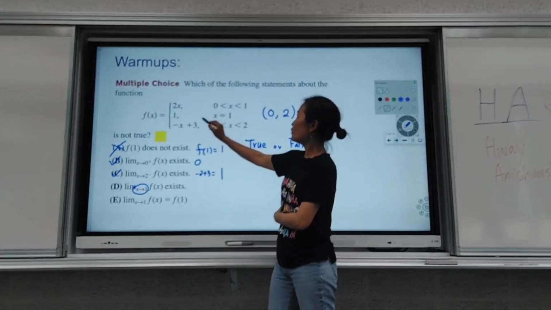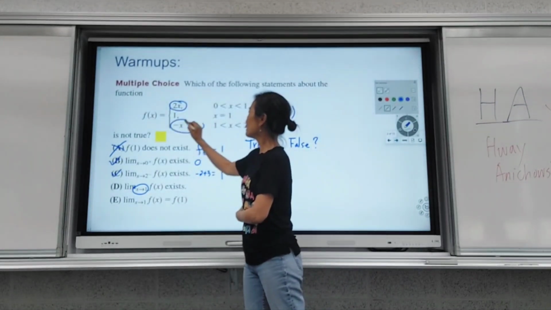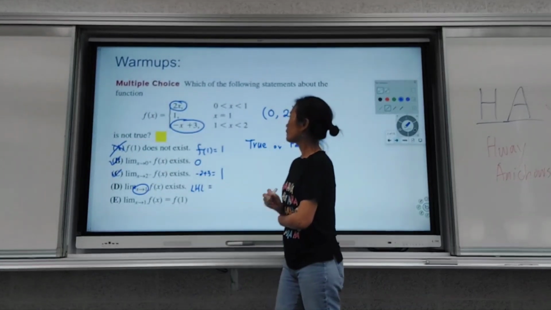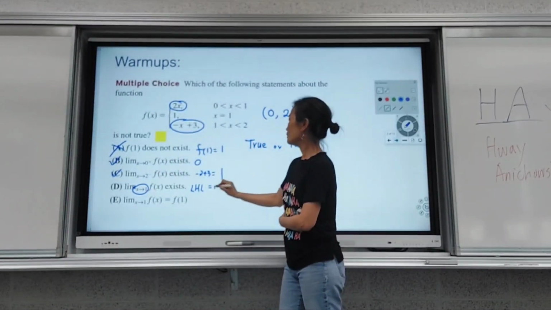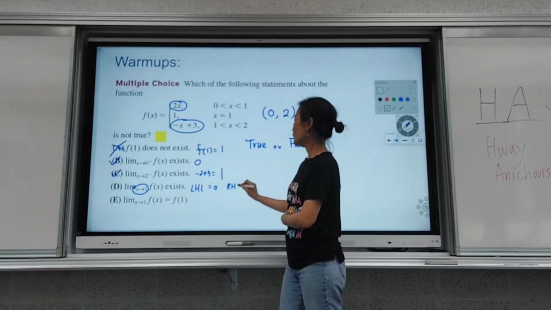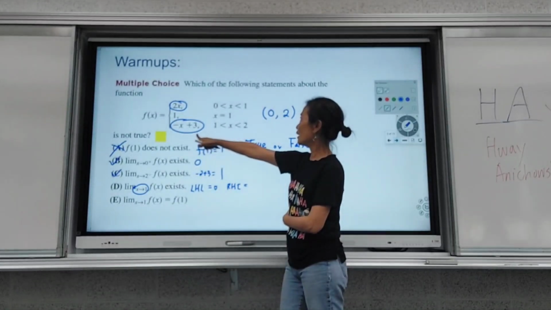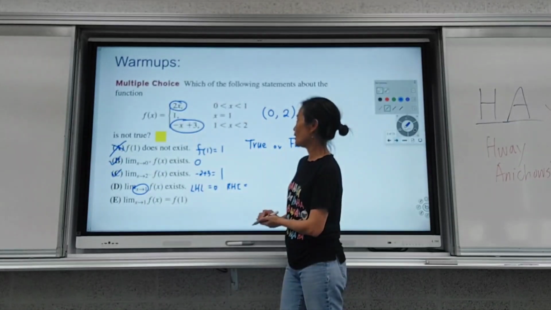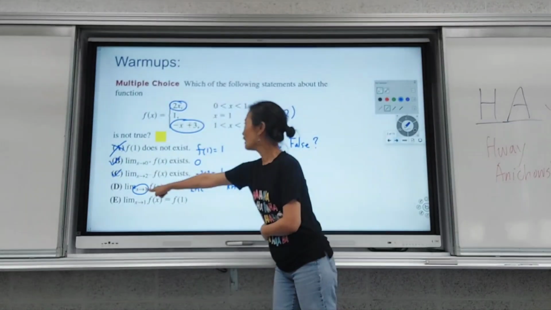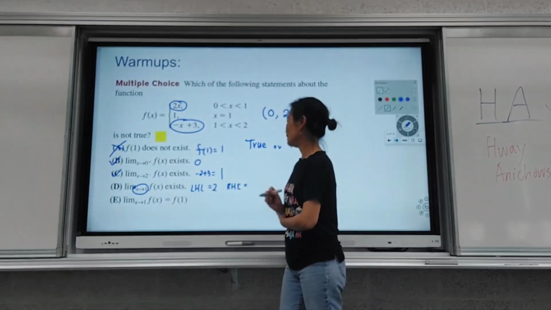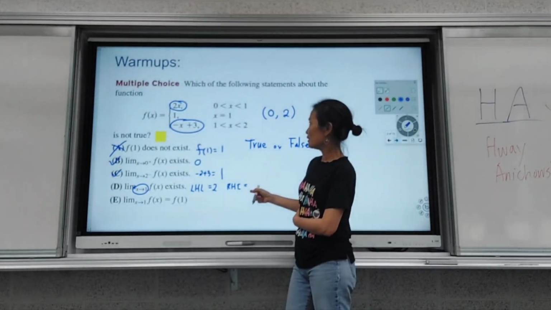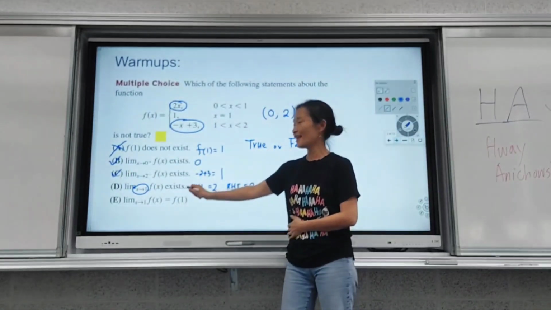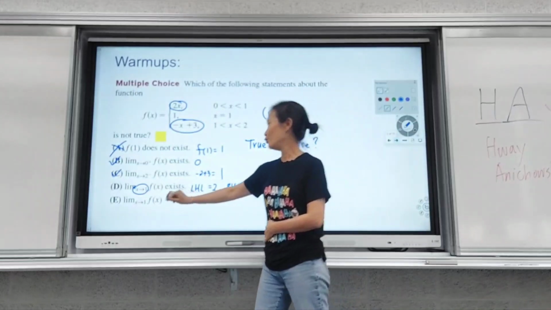So the left-hand side limit is 0. The right-hand side limit, sub into the bottom one. Oh, it's not 0. What am I talking about? It's 2. You're right. What about the right-hand limit? Also 2. Yes. So the limit exists. Is that true? Very true.